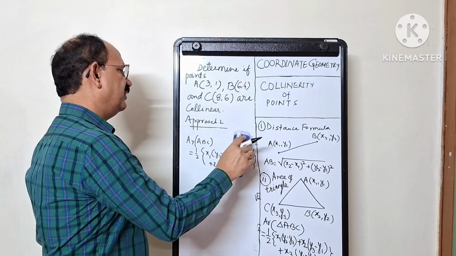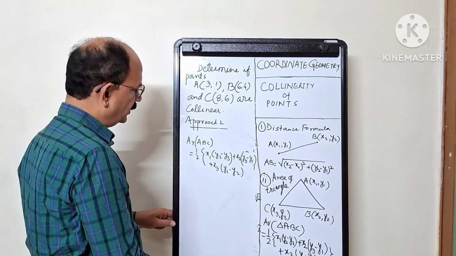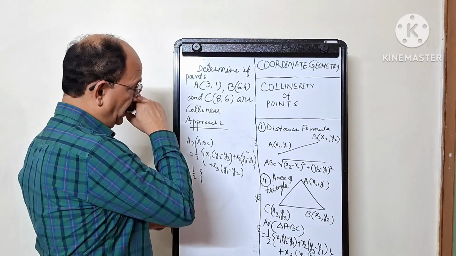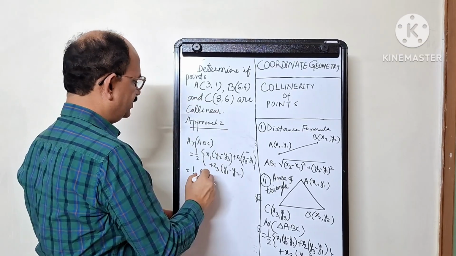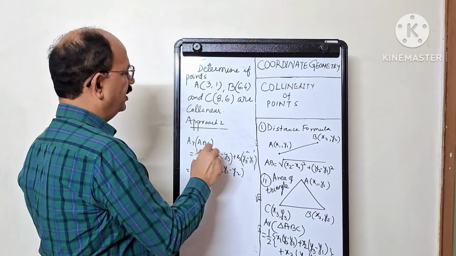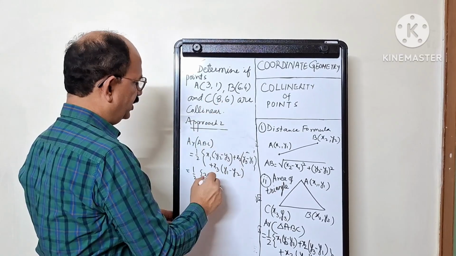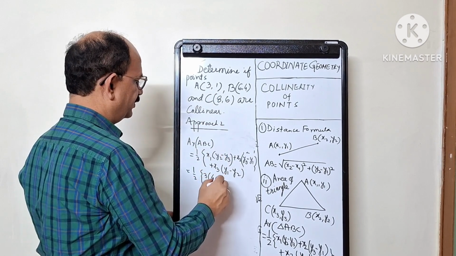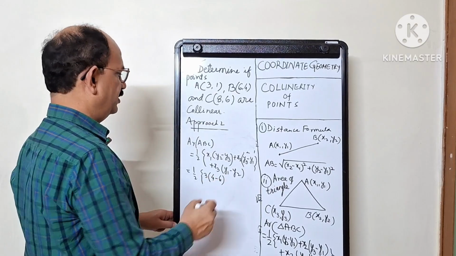So let's try putting the values. Now you can write this as half of, what is x1? x1 is 3 multiplied by y2. y2 is 4 minus y3, which is 6. Okay.